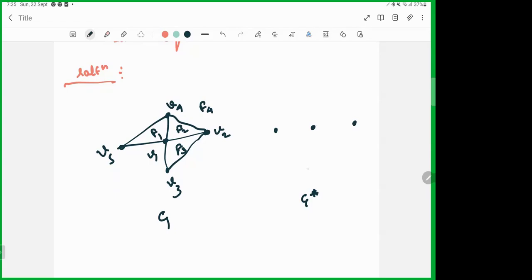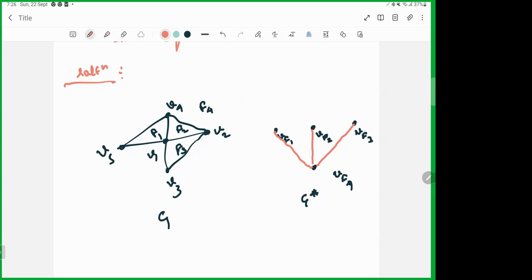Each bounded face is separated from the unbounded face by an edge. This is my vertex corresponding to F1, this is the vertex corresponding to F2, this is the vertex corresponding to F3, and this is the vertex corresponding to F4. There will be an edge from each vertex to F4, because F4 is separated from each of these faces by an edge.